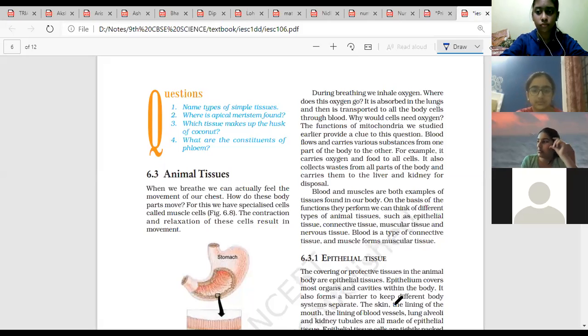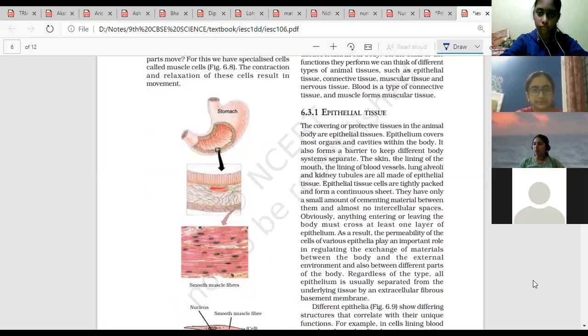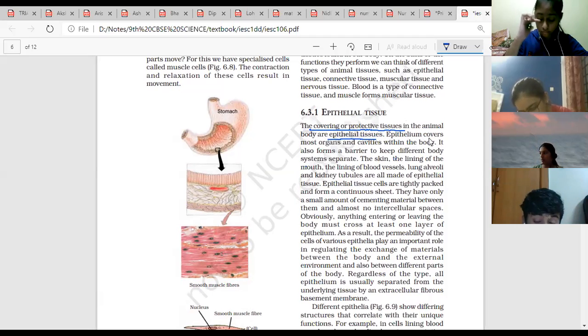So one by one, we have to go through each and every tissue. Epithelial tissues, we are starting with. The covering or protective tissues in the animal are epithelial tissues.